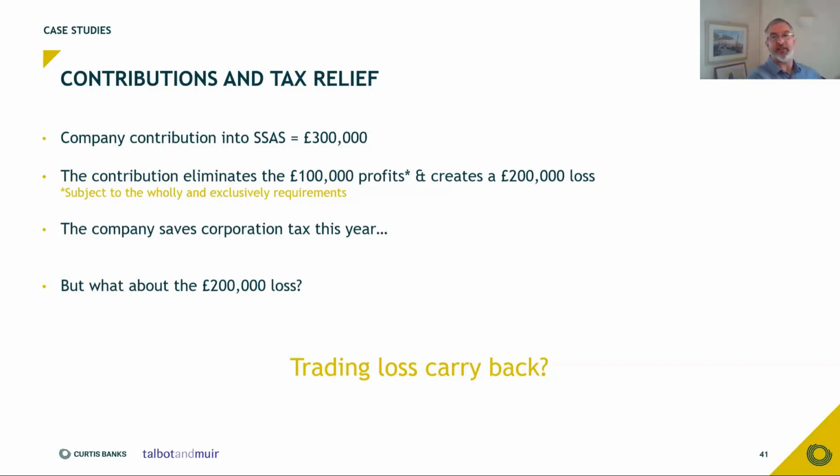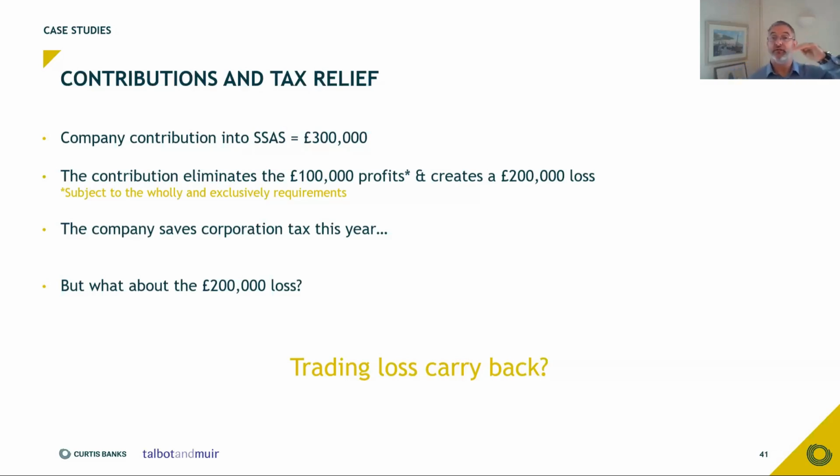It kind of depends. I built this case study last year before the new corporation tax rates were announced. With the corporation tax rates going up, there's an argument for waiting. But if we assume that they're planning on maxing out their contributions in the years going forward, what's the impact of making this contribution now?